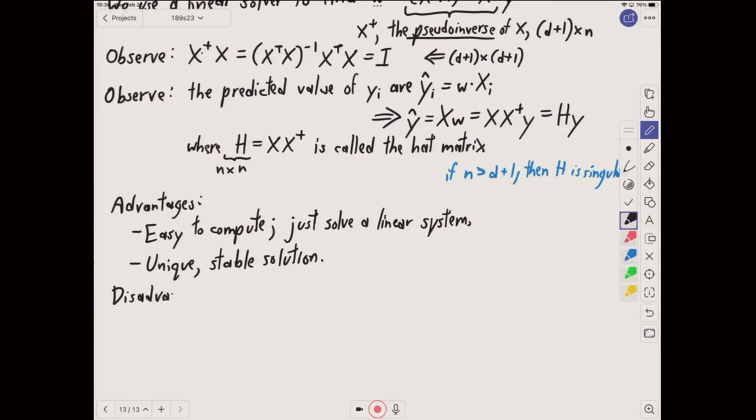There are some disadvantages too, and the biggest one is that it is very sensitive to outliers. So suppose that some of your labels are just wrong, completely wrong, then the more wrong the label is, the harder it's going to pull your hyperplane away from the correct position because the errors that we're optimizing are squared.